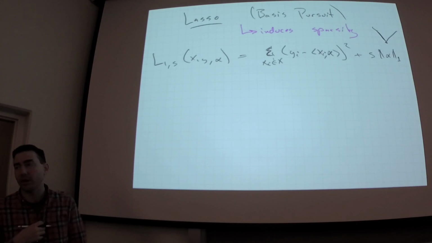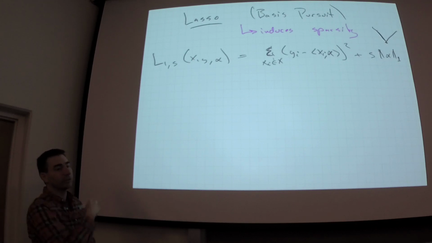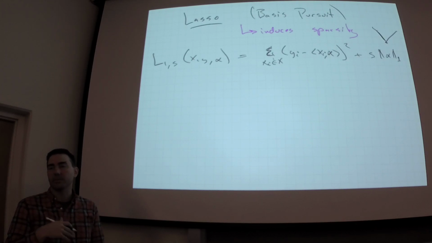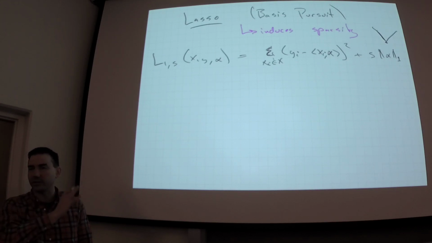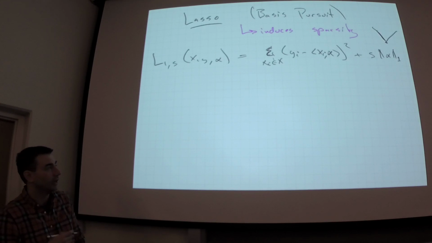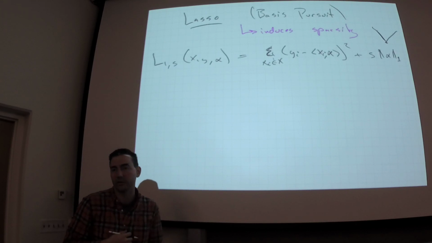But it's a little bit harder to optimize. That's why initially this wasn't used, but then not terribly long ago, it was realized that this formulation induces sparsity by changing this regularization term to be an L1 instead of an L2.